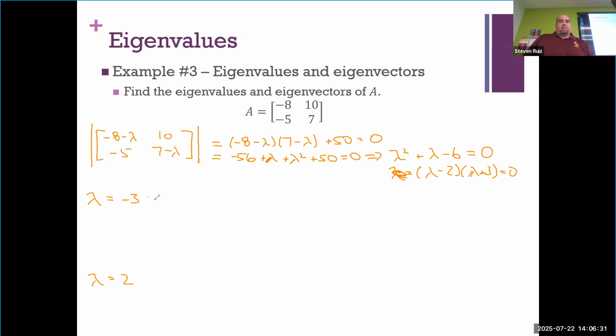So for lambda equals -3, we get the matrix negative 5, 10, negative 5, 10. And for lambda equals 2, we get negative 10, 10, negative 5, 5.